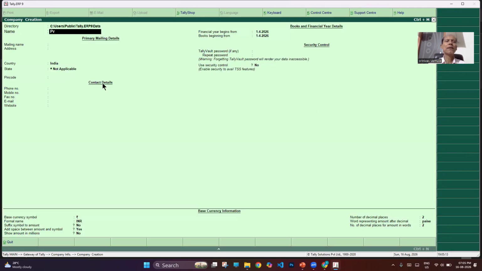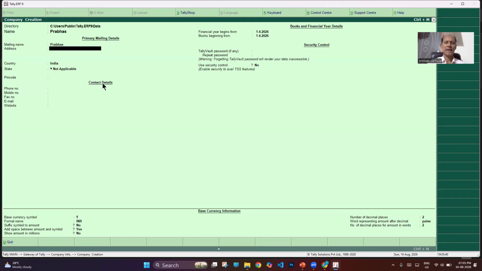Prabhas. Should we write just Prabhas or Prabhas proprietorship? Or simply we may put Prabhas. He is the sole proprietor. Prabhas is enough.